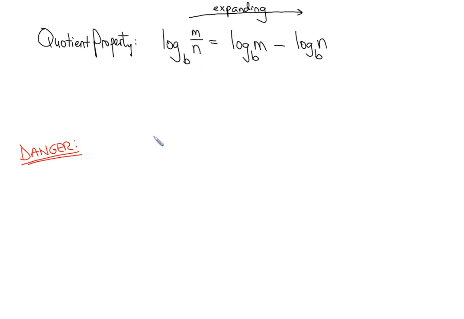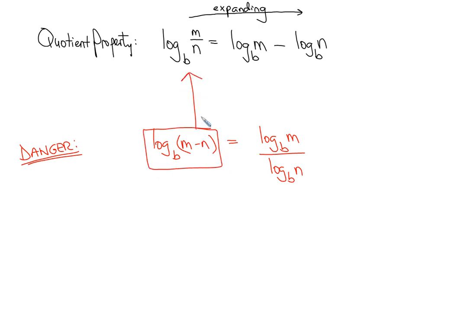So that must mean that log base b of m minus n becomes log base b of m divided by log base b of n, right? 1 log becomes 2, subtraction turns into division. Isn't that what this says? No. Does this match the left side of the original? No. So you can't use this property to do that, because they don't match. It's subtraction instead of division. If you try and make it work, it's going to give you the wrong answer.